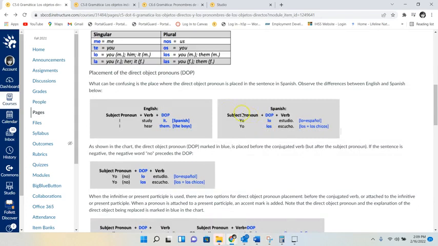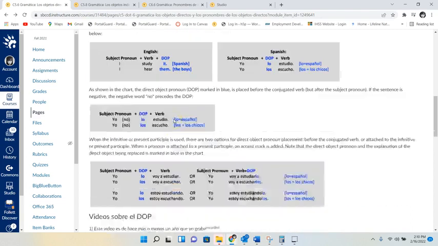And then your direct object pronouns are me, te, lo, la, nos, os, los, las. And again, really quick, when you replace it, they go in front of the conjugated verb. In English, you put it after the verb, but in Spanish, you put it in front.